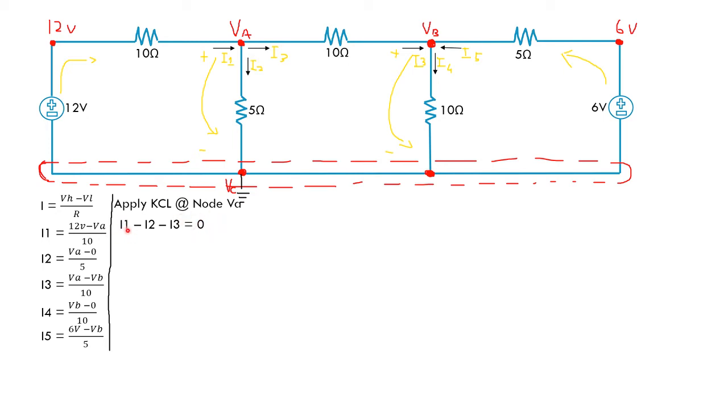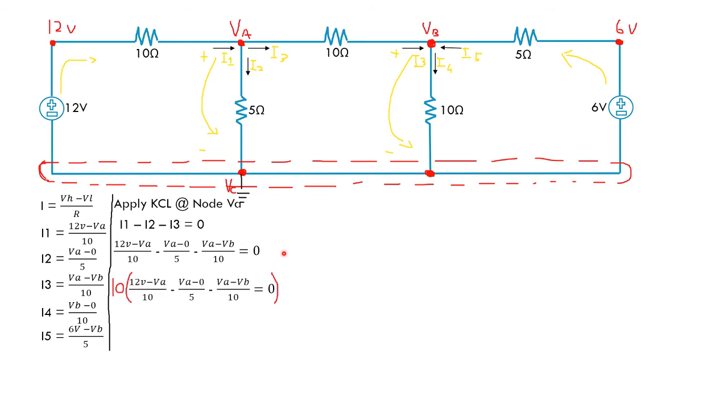Okay, we just need to substitute the equations from above into the KCL equation. For I1, we can put 12 volt minus VA divided by 10, minus I2, which is VA minus 0 divided by 5, and for I3, VA minus VB divided by 10, equal to 0.